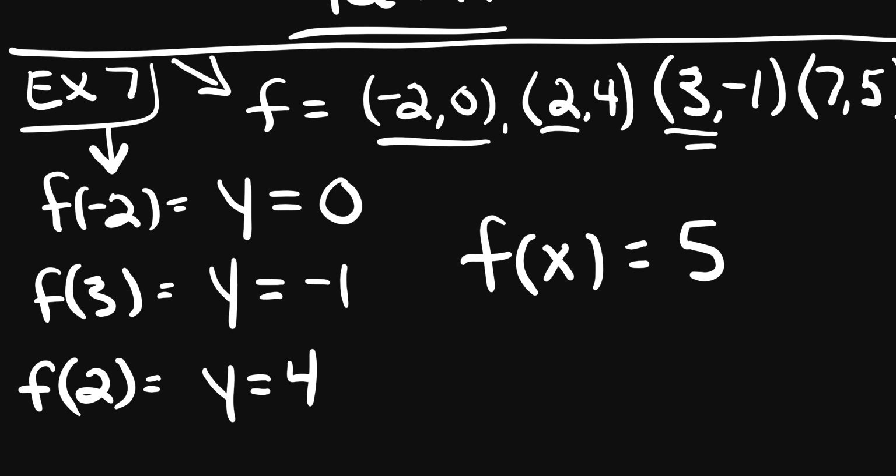So it's saying when y is 5, what is x? Just reversing it. So I'll look over here. My y value is 5 in that last ordered pair. So therefore, the x value must be 7. So x equals 7. And we're getting that right from that ordered pair.